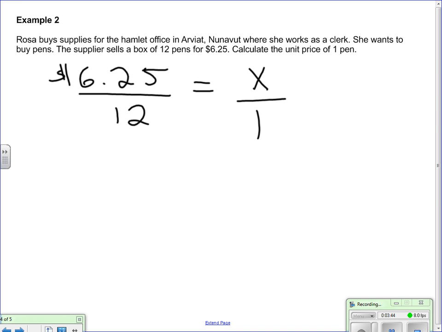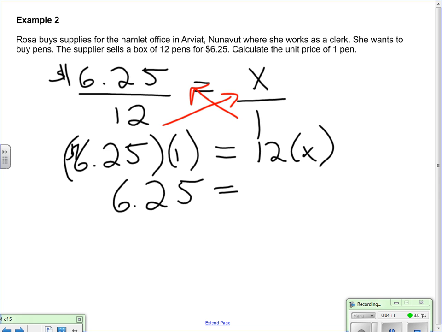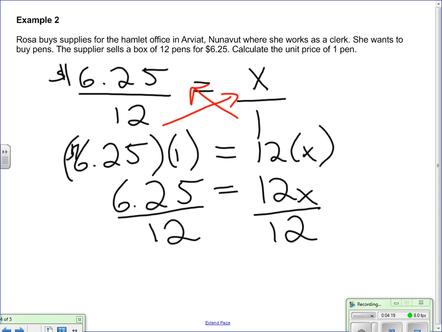Now, grocery stores have started to do this for us, but in some cases they haven't. So again, after we set up a proportion, we're going to cross multiply. Right underneath, I'm going to write it out. So 6.25 times 1 is equal to 12 times X. Now 6.25 times 1 is 6.25, equals 12X. Again, I want to get X by itself, so I'm going to divide it by 12.